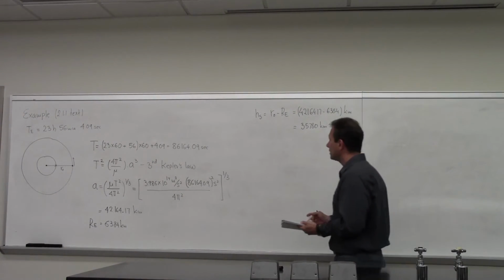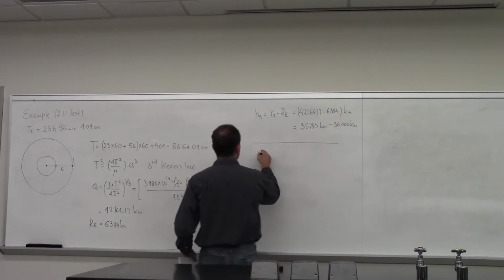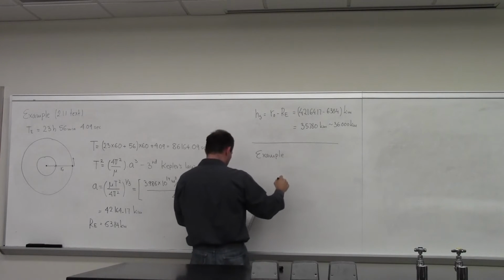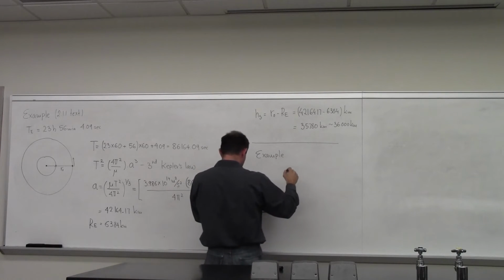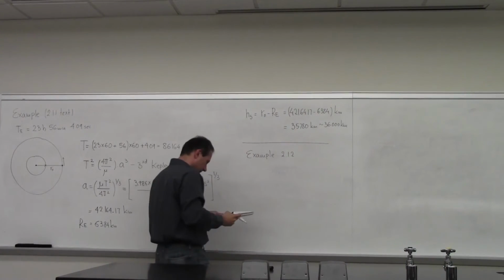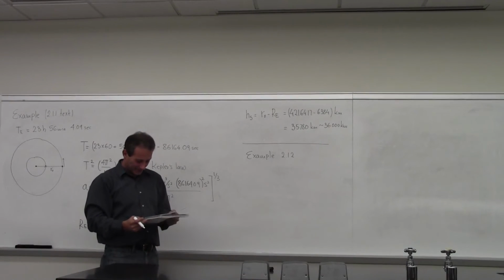All right, so let's take a look at another example. This example is now a low orbiting satellite, a LEO satellite, and this is example 2.12. It's related to a space shuttle.